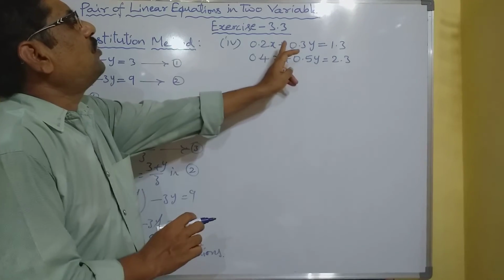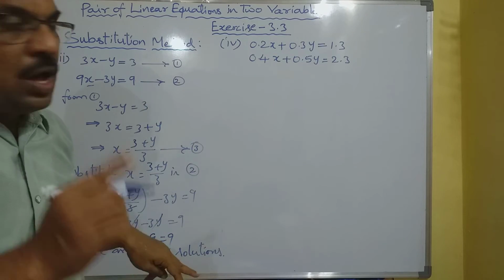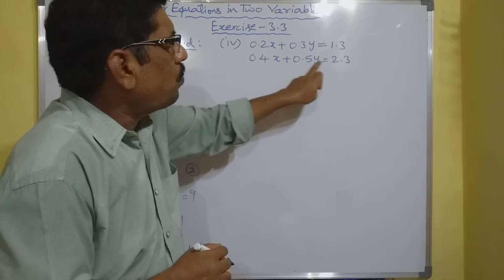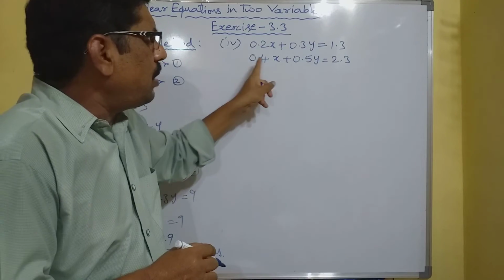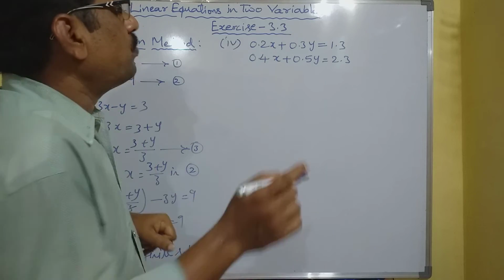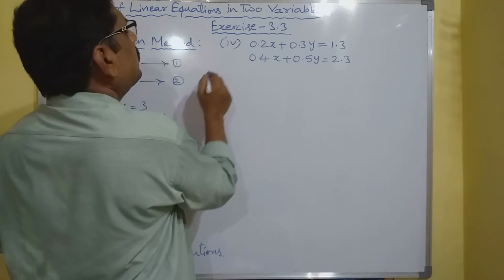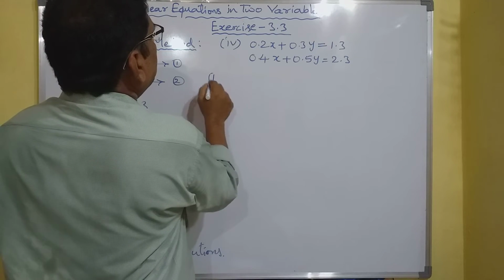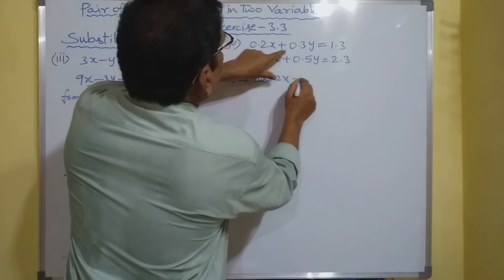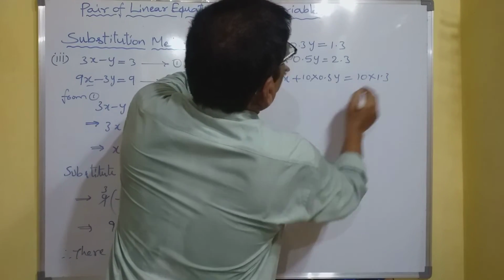Okay. Now look at this fourth problem. Here let us take these two equations 1 and 2. Now look at this. The numbers are decimal numbers. Observe here 0.2, 0.3, 1.3, 0.4, 0.5, 2.3. So every number has only one digit after the decimal point. So let us multiply the first equation with 10 and the second equation also with 10. Why? Because if you multiply the first equation with 10, we get 10 into 0.2x, 10 into 0.3y is equal to 10 into 1.3.